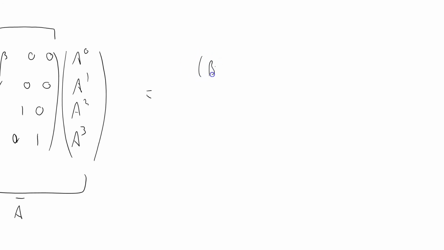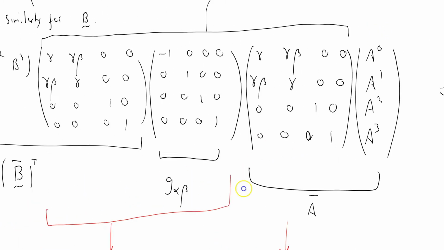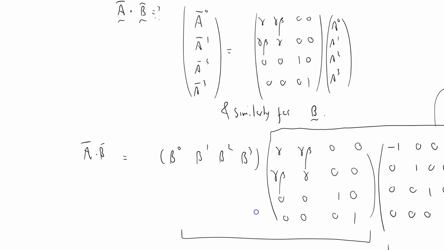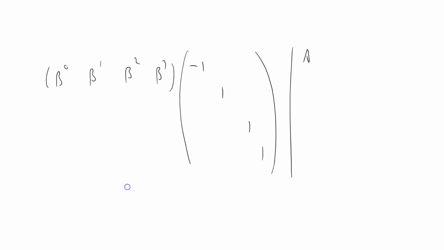It equals b0, b1, b2, b3 times the product of all those matrices, times a0, a1, a2, a3, which equals a dot b. I'm putting my b's first and my a's first, but it doesn't matter, symmetrical anyway.